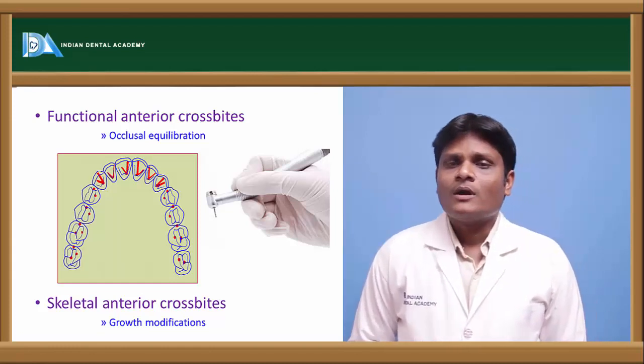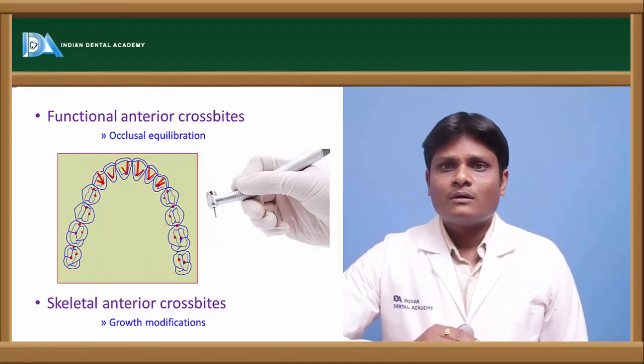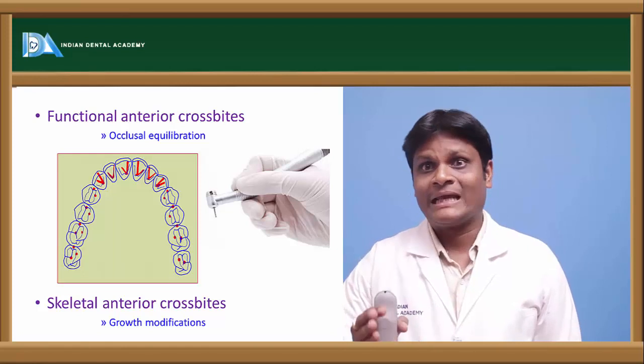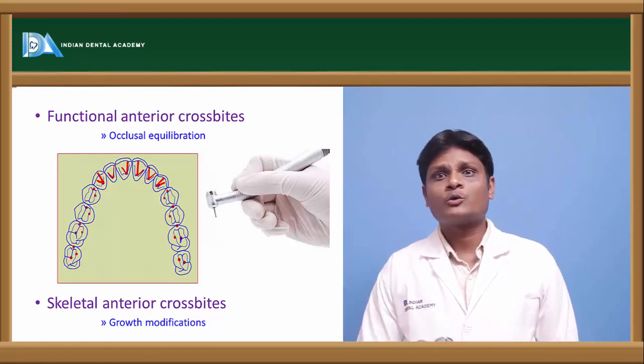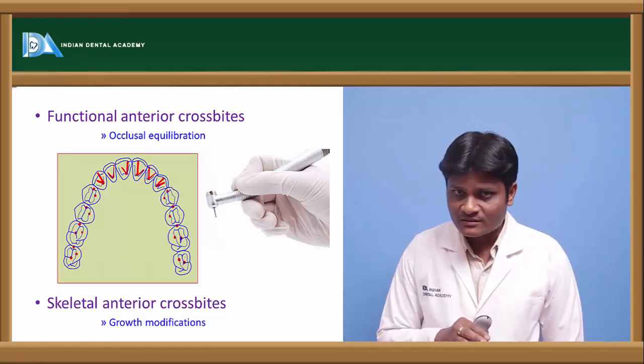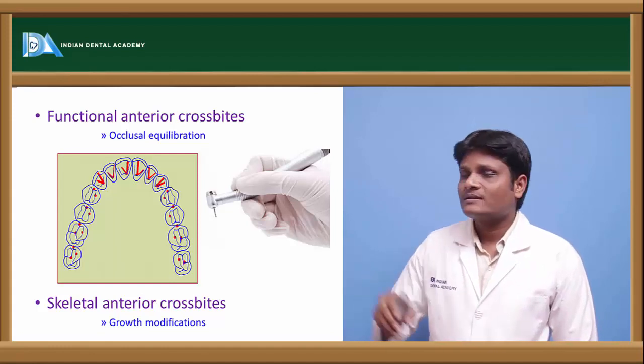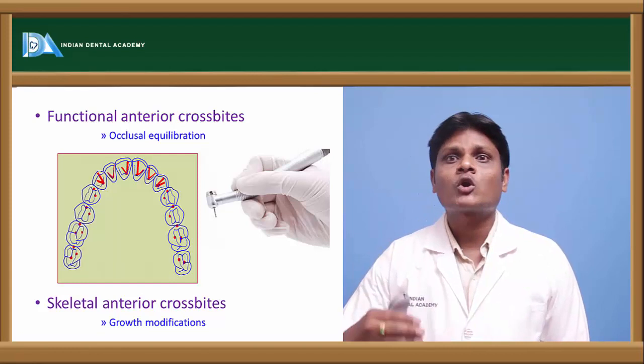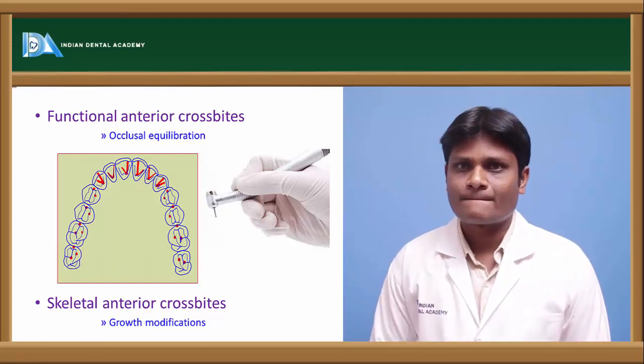Here, we need to eliminate the occlusal prematurities, high points or enamel pearls that might be present on the occlusal surfaces of the posterior teeth, thereby preventing the functional shift of the mandible, which might lead to a more complex class 3 malocclusion.